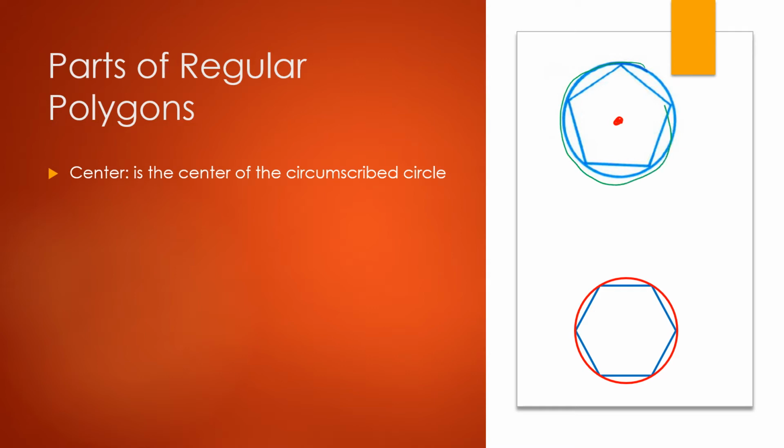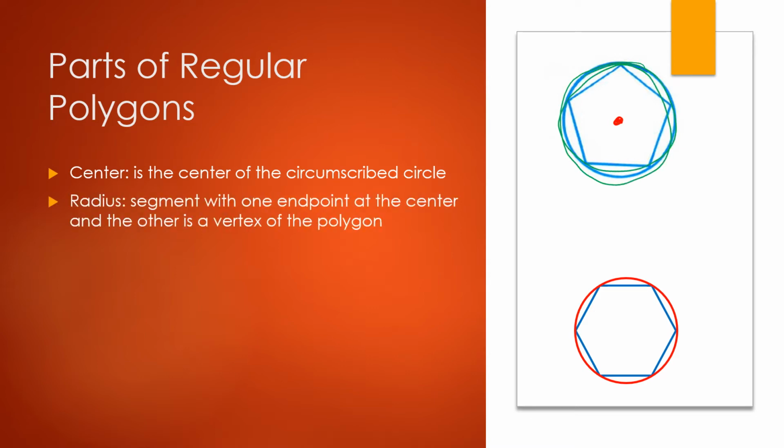Anyway, next term is the radius. The radius of the polygon is a segment with one endpoint at the center, and the other endpoint is one of the vertices. By one of the vertices, we're talking about these here.